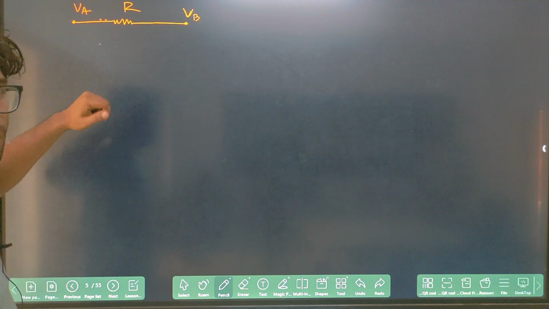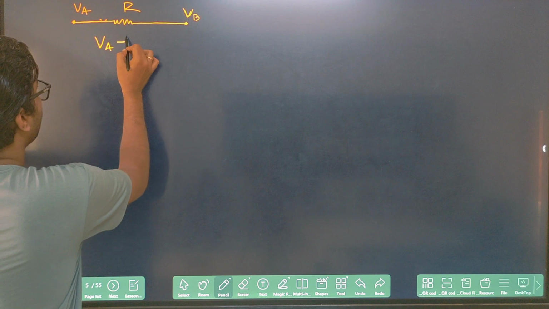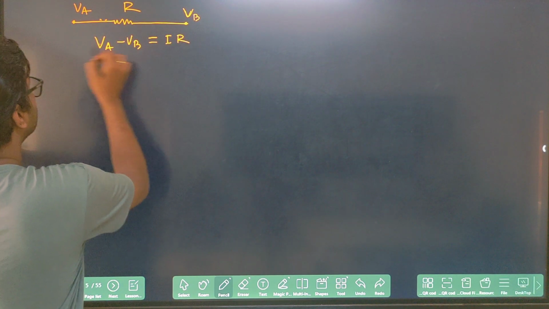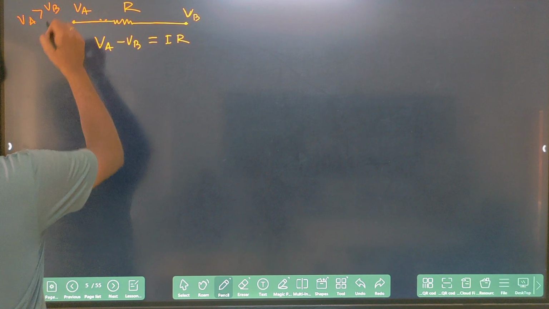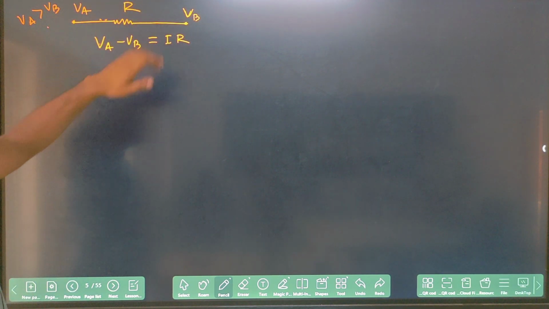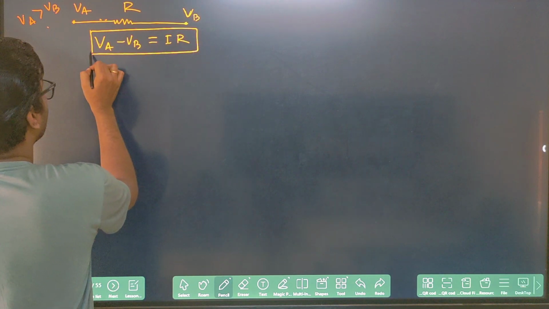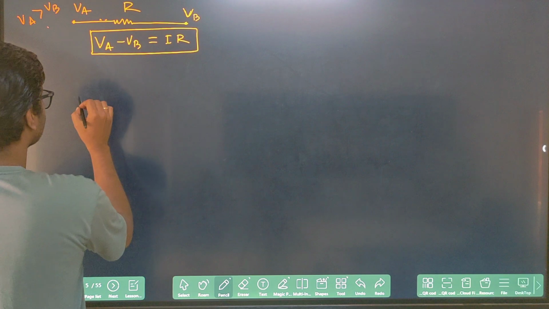So if you write Ohm's law, you can say that VA minus VB equals I into R. Here VA is greater than VB. Basically VA is at higher potential, VB at lower potential. So you can write this one. I want to write this another way. So just see here.